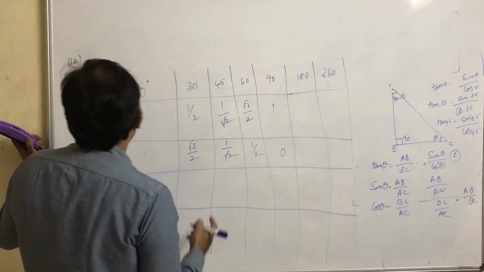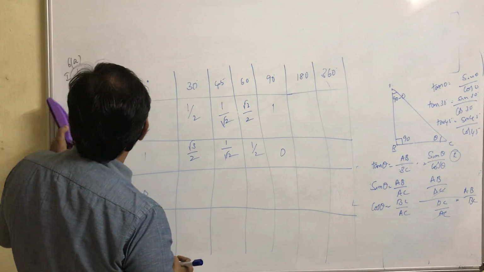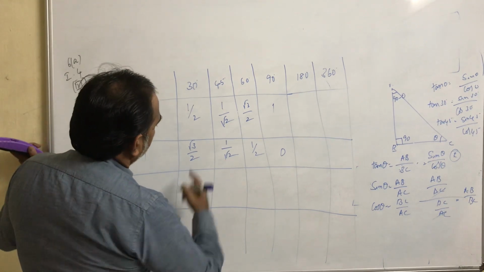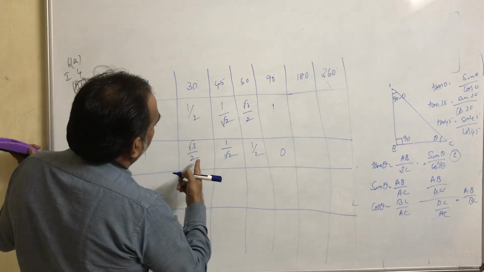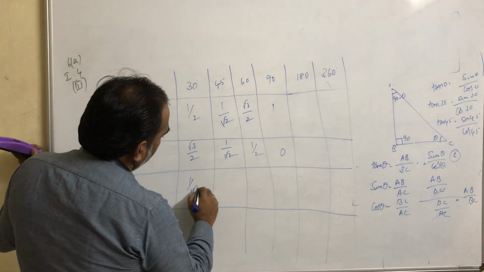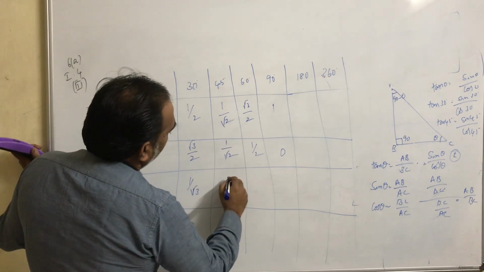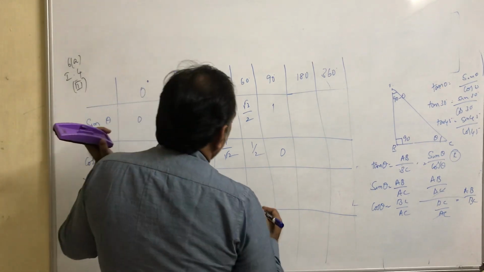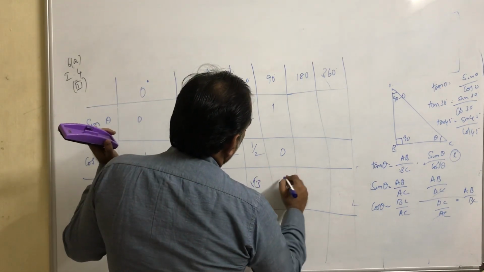Next, tan 30. Tan 30 equals sin 30 by cos 30, that is 1 by 2 divided by root 3 by 2. How much is it? 1 by root 3. Just do the division.